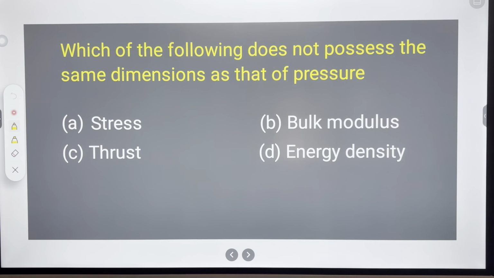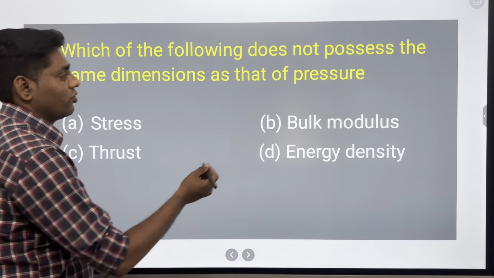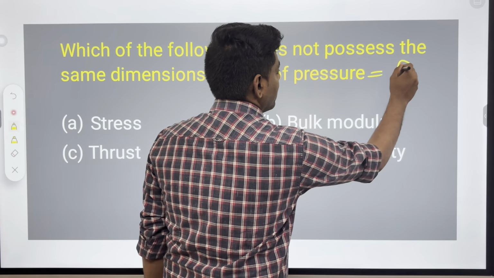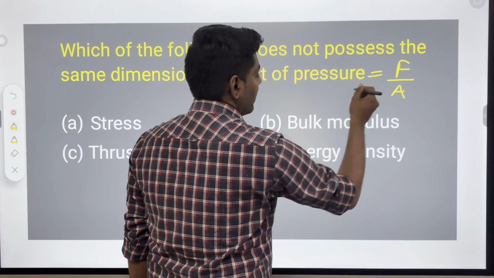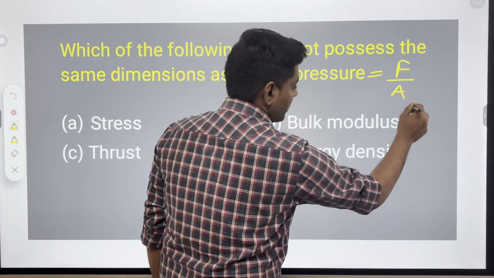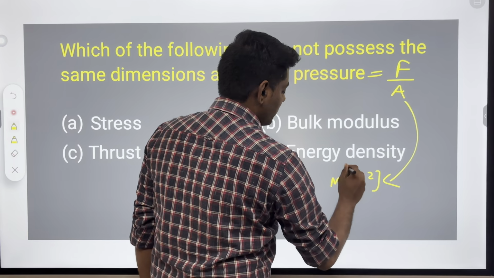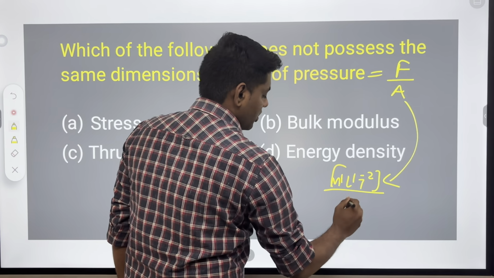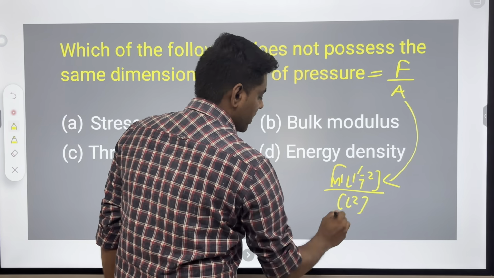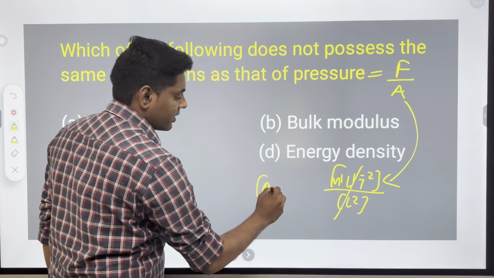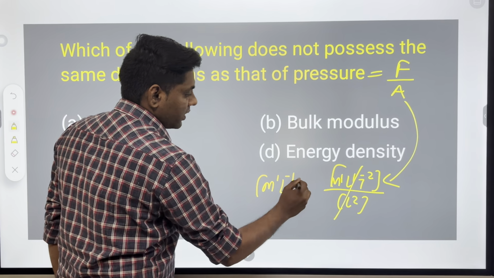Which of the following does not possess the same dimension as that of pressure? First of all, what is meant by pressure? It is the normal force divided by area. The dimension of force is M1 L1 T minus 2 divided by the dimension of area, L2. So one L gets cancelled and we get M1 L minus 1 T minus 2.